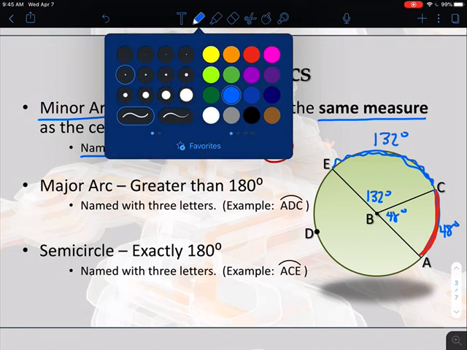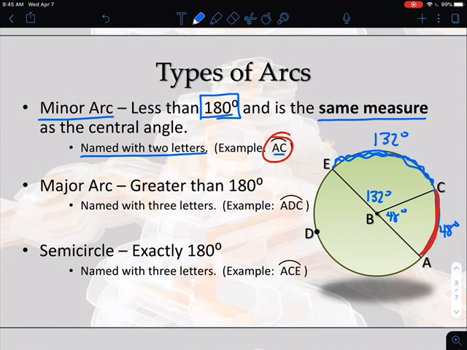Or the other one that I had in those squiggly lines right here went from E to C, so I'm going to call it arc EC. And then we notice that the symbol is like a line segment, but with a curve. So I'm curving that line segment symbol to make it an arc. And so that's what we're going to have as we're looking at minor arcs.